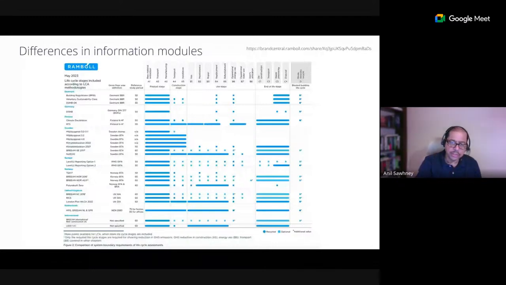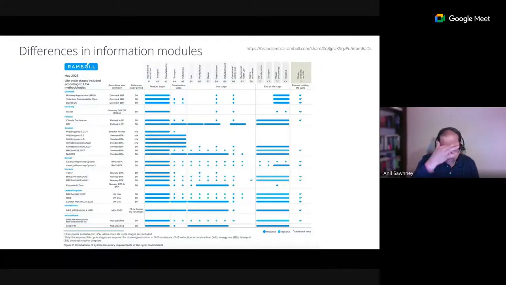This is a bit of a dated report produced by Ramboll, in which they have looked at our first edition. Even in our first edition, we had a lot of coverage, but now we have much broader and fuller coverage of all the modules.